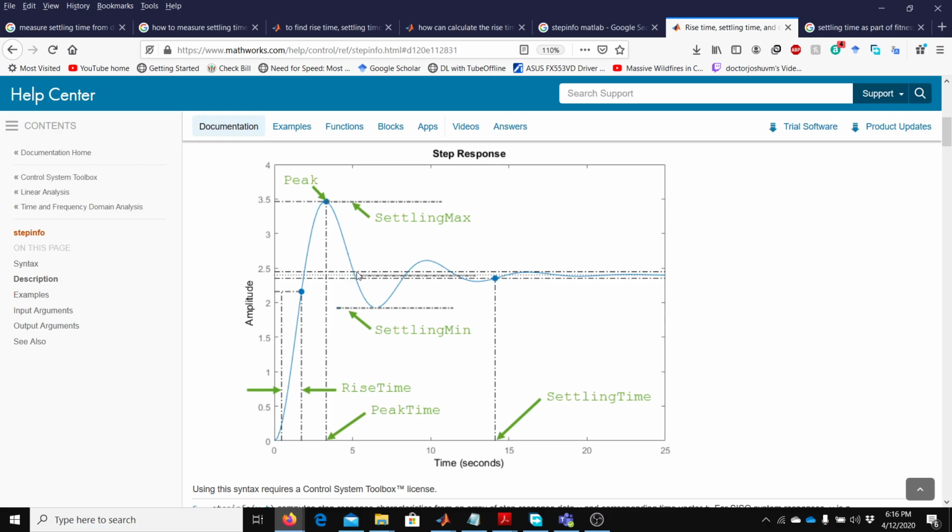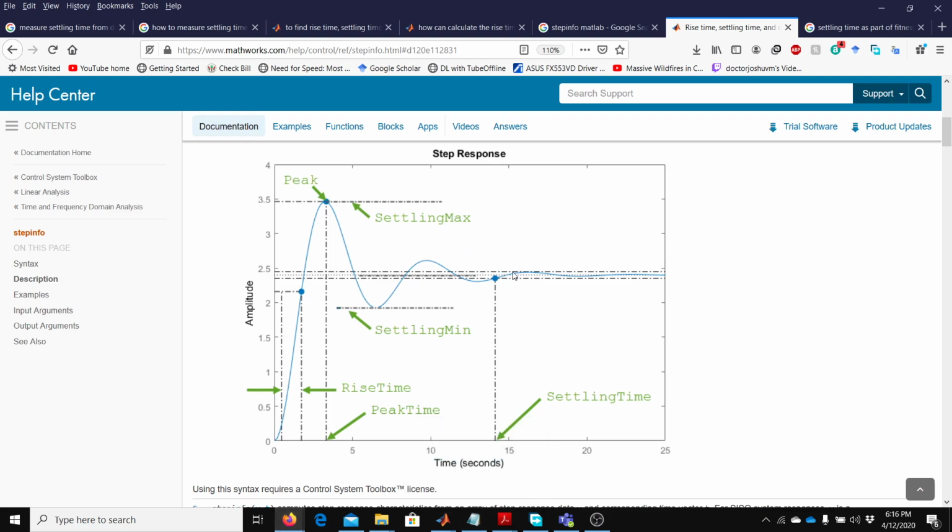That is usually 5%, which means once your value is within 95% to 105% and has settled down, then you are very close to your steady state value, and that is called the settling time.